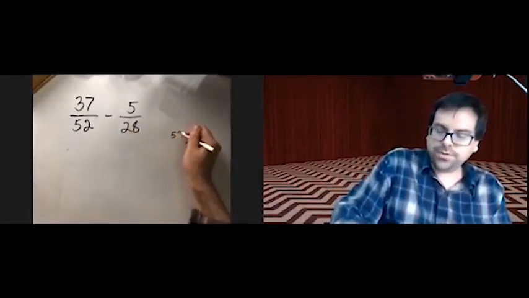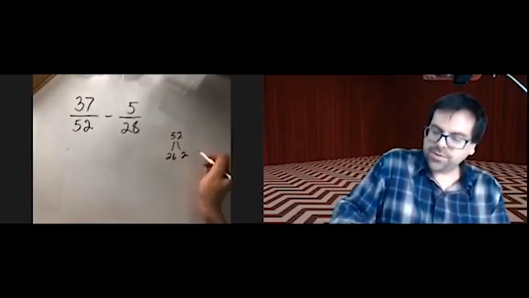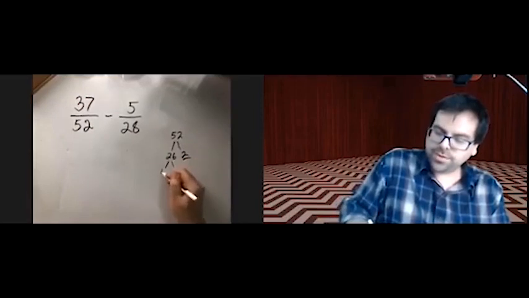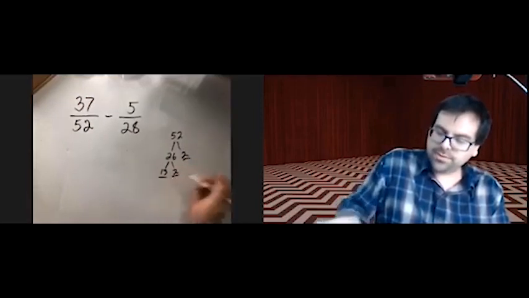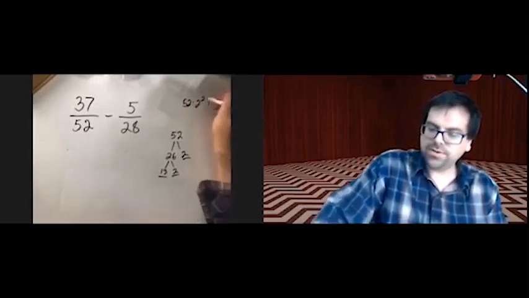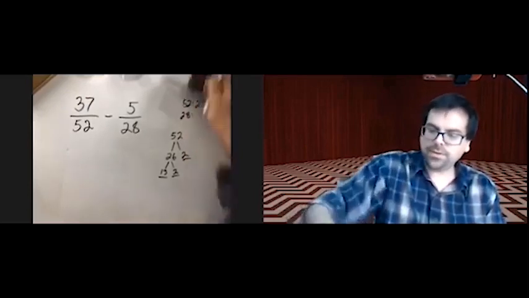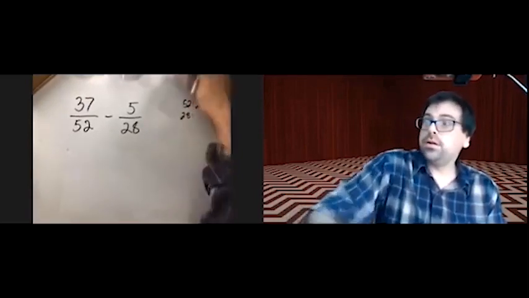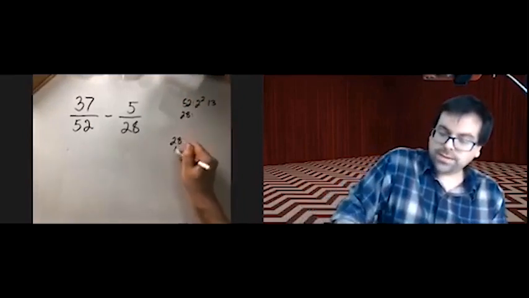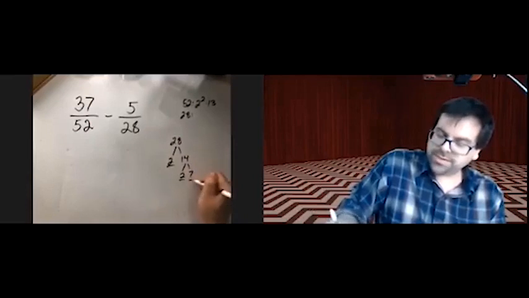52. Let's do a factor tree. It's 26 times 2. 26 is 13 times 2. So 52 is 2 squared times 13. What about 28? 28 is 2 times 14. 14 is 2 times 7.